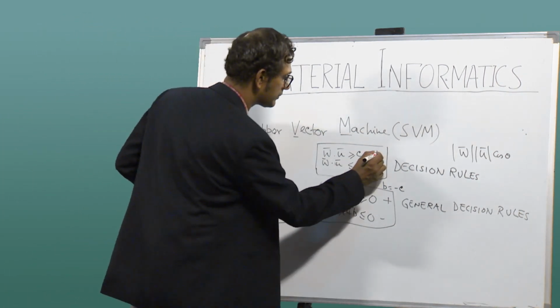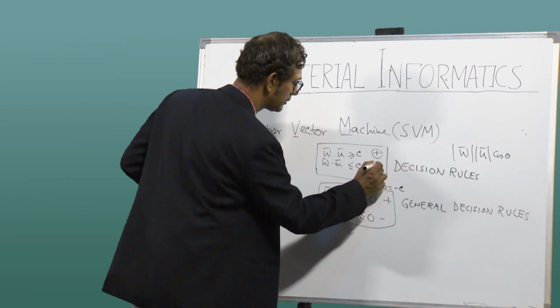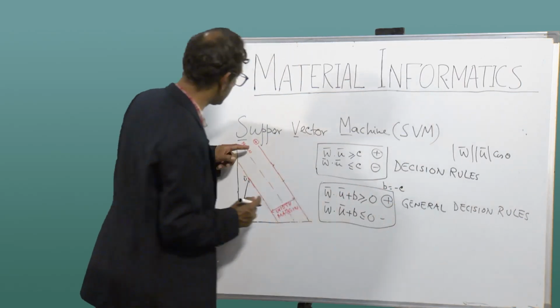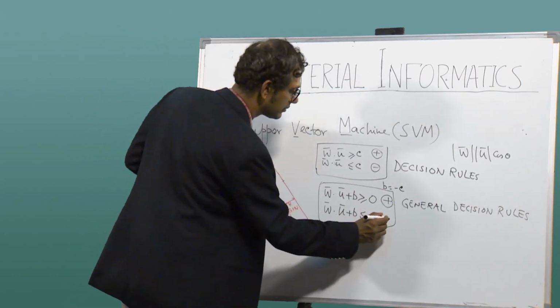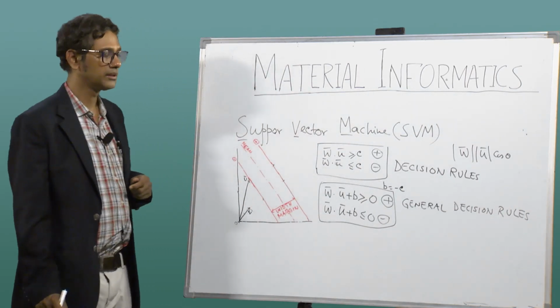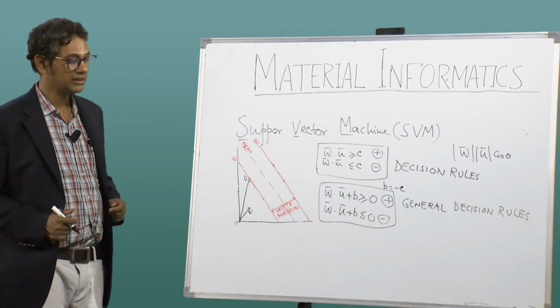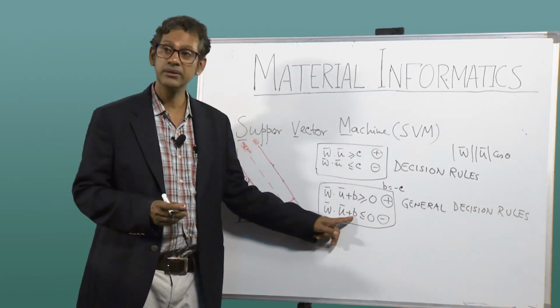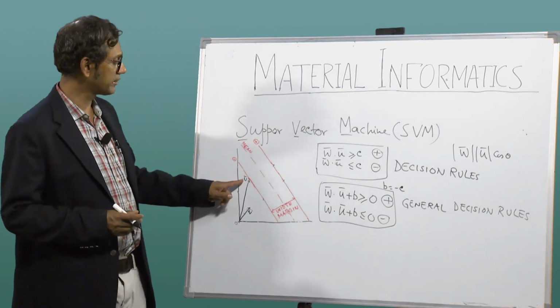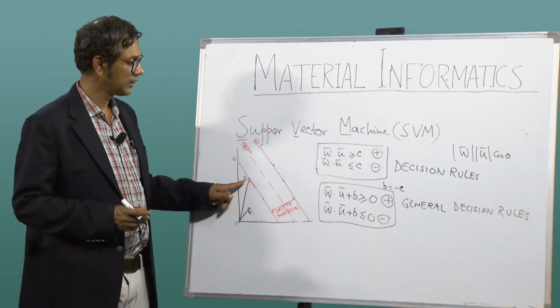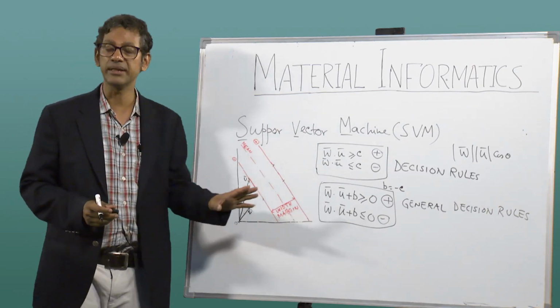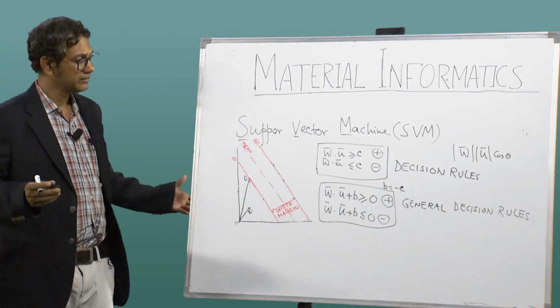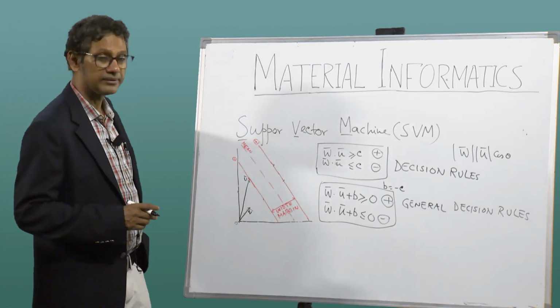It is better to put it like this, because the lines are placed as plus and minus. So, what we need to do is find the value of W and the value of B, because the unknown vector is known here. These two are the values I must find, then my classification algorithm is done.